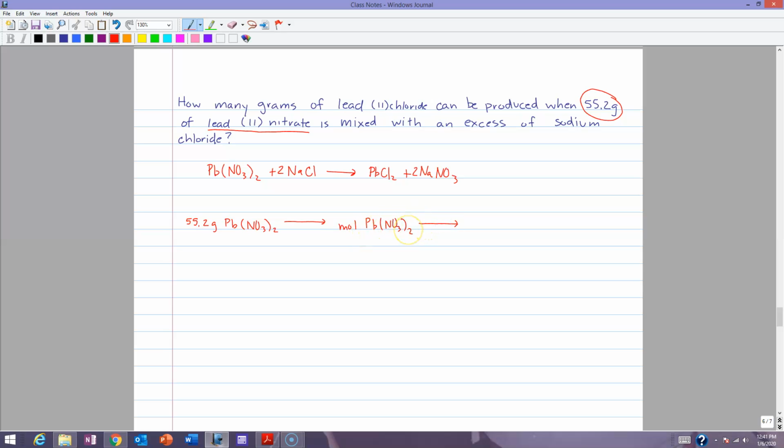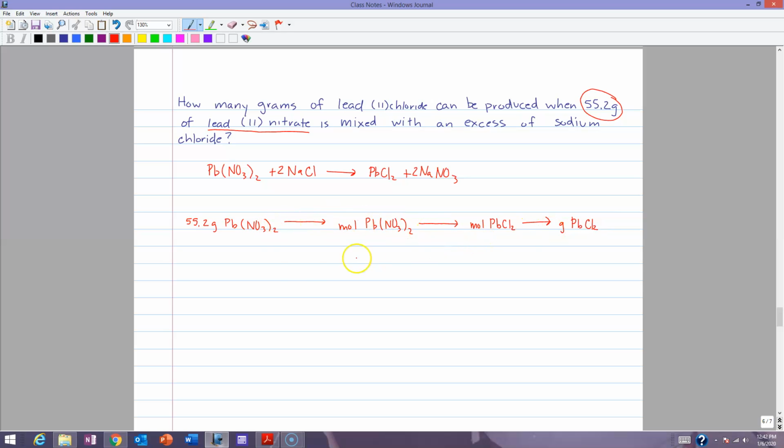Now that I'm in moles of my given, I've got to go to moles of my unknown. My unknown is lead 2 chloride. So I'm going to go to moles of lead 2 chloride. And then I can convert to mass of my unknown, or mass of lead 2 chloride.